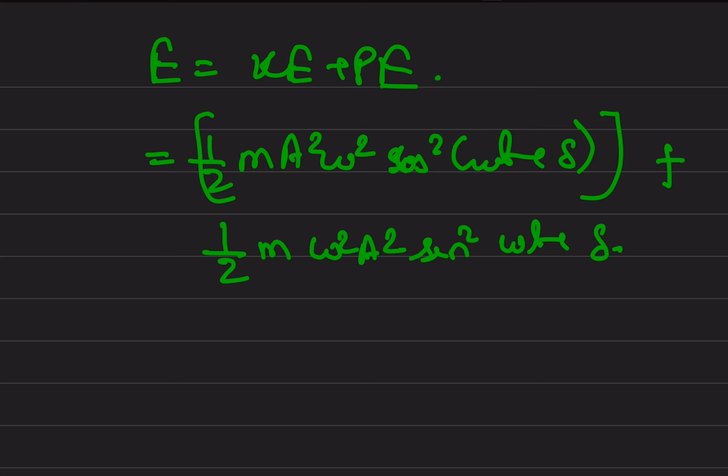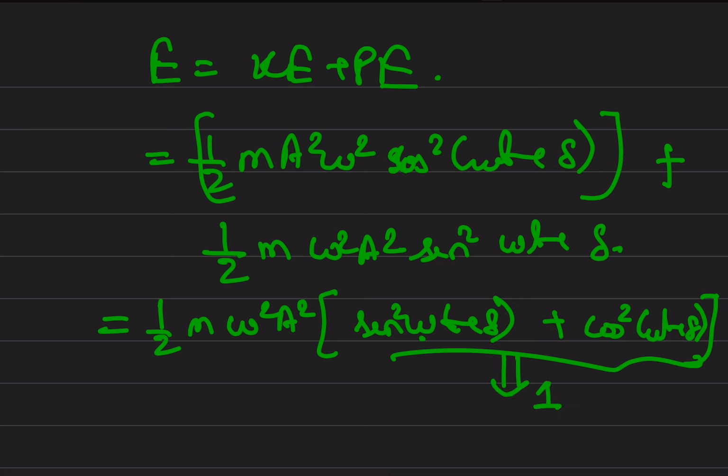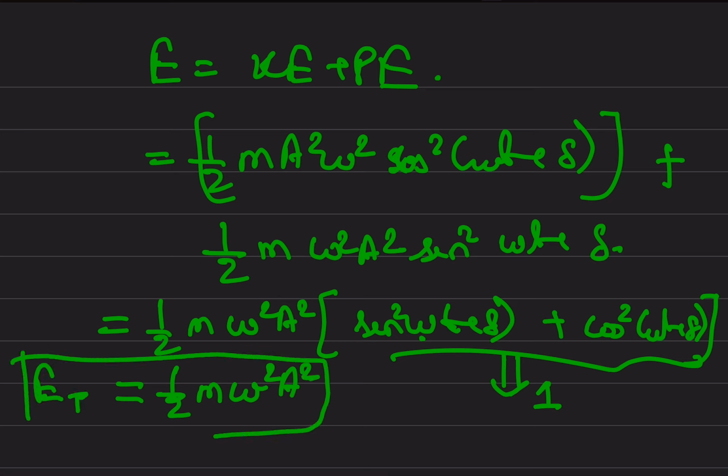Taking half m omega square a square common, we have sine square (omega t plus delta) plus cos square (omega t plus delta). Sine square theta plus cos square theta is equal to 1, so the total energy will be half m omega square a square.